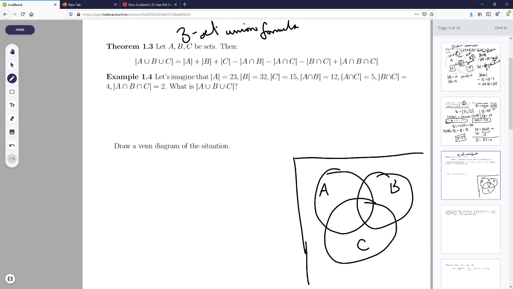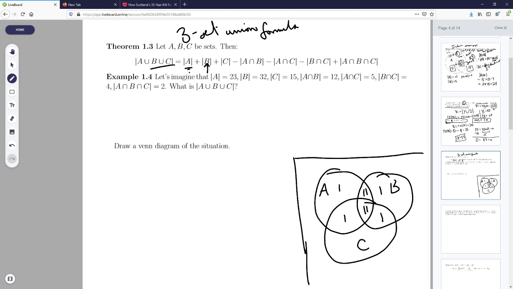If we want to know the things in A union B union C, we just add up the number of things in A. When I draw a hash mark on every set, I mean I'm adding up the things in that set once. So here I'm adding up the things once, once, and once. That is the number of things in A. Now let's do the number of things in B. So you add this thing, plus this thing, plus this thing, plus that thing.